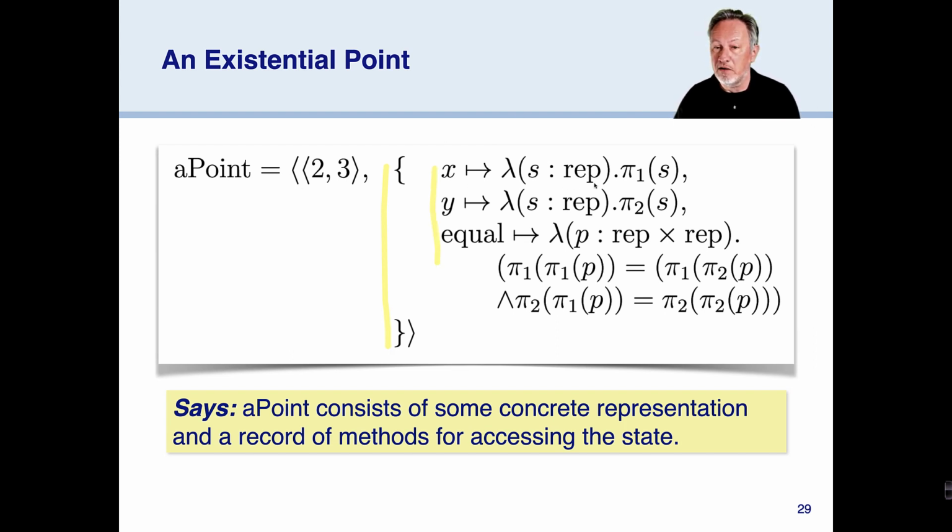And here, the x, the getter, simply pulls the 2 from the tuple, and the y is also a lambda, so it's a method, and it pulls the 3 from the tuple. And the equality guy takes 2 representations and it compares the first and the second values of the representation to see whether they are equal. Sounds pretty reasonable. Looks like we could work with that.